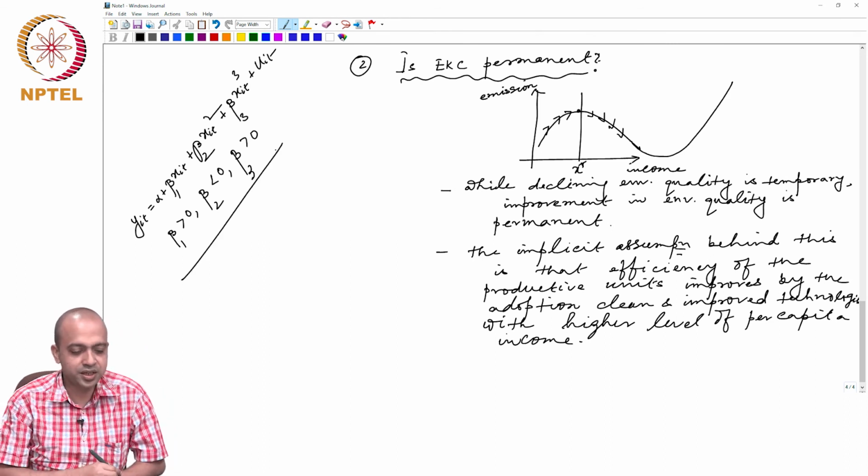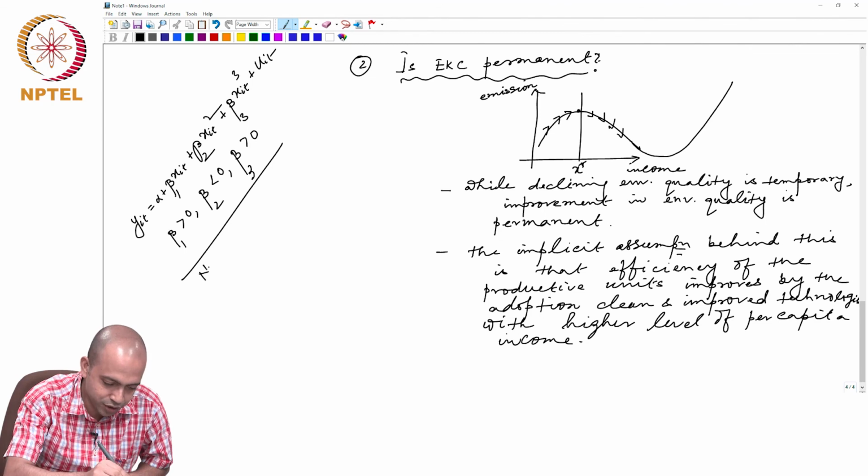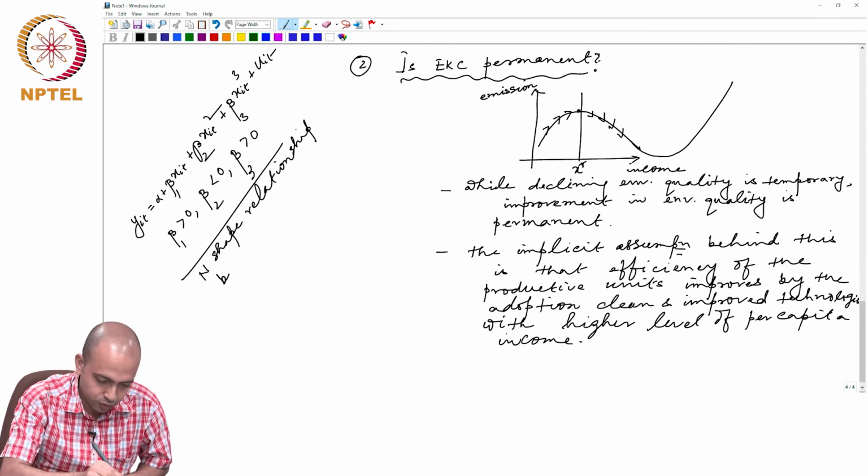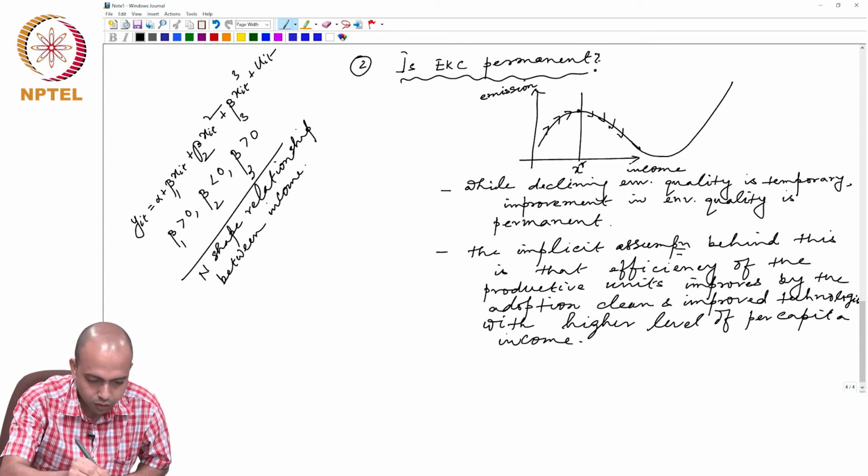And if this is the case, that will give an N-shape relationship between income per capita and environmental quality.